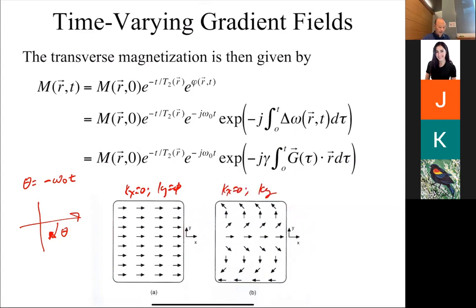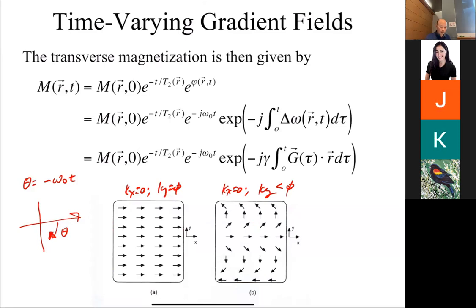And is ky positive or negative here? What do you think? As I'm going in the positive y direction, what's happening to the phase? Okay, it's going counterclockwise. So does that mean ky is positive or negative? Negative, right? So for your homework assignment, that's going to be important for you to figure out positive and negative.